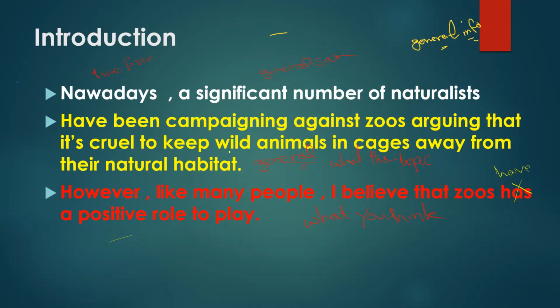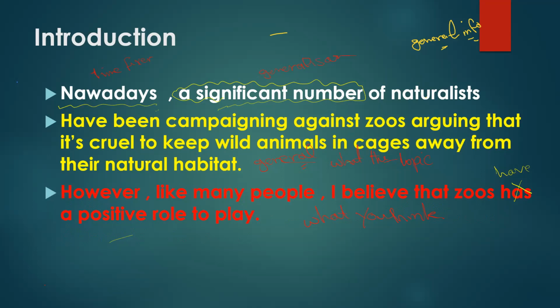So your introduction again: start by something general using a generalization expression that we read now, like significant number of naturalists, and by using one of the time fixers, and then some background about the topic, then your opinion. This is the introduction. I hope it's clear.